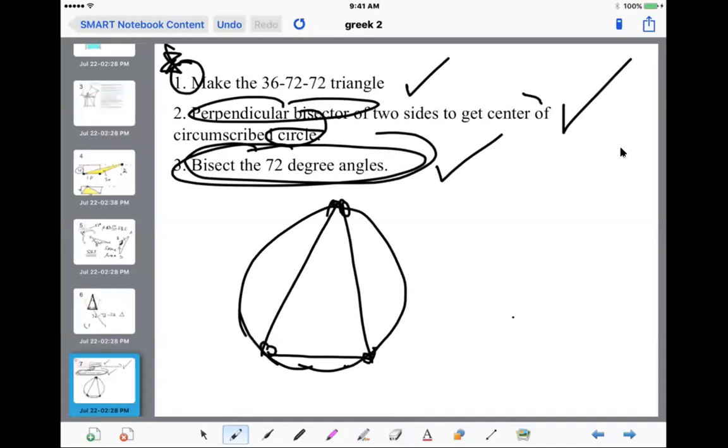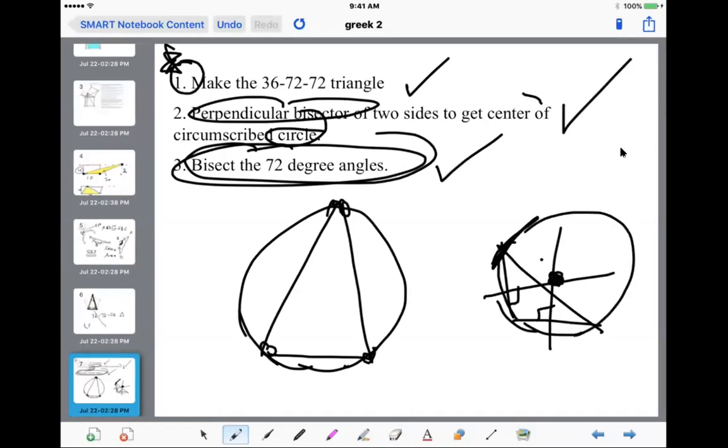Now, making a circle around a triangle, that itself is its own problem. If you take the two perpendicular bisectors of any two sides of the triangle, where they come together is the center. And then if you make the circle so it passes through one of the points, it will definitely go through the other two also. So I'm not drawing the perpendicular bisectors right now.